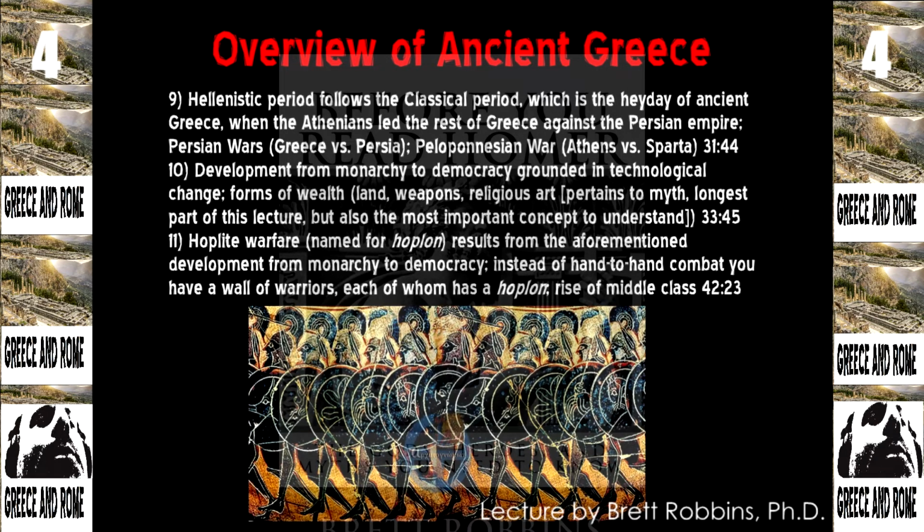The Hellenistic period, what you need to know about is that it follows the classical, obviously, and what that means is it follows the heyday of ancient Greece. It follows the period when Athens and Sparta were pretty much what the U.S. and the Soviet Union were in the post-World War II era, all the way up until '89, '91, depending on what you're talking about.